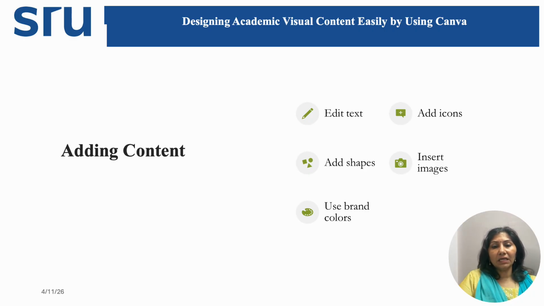A drag and drop feature is also available, which allows easy placement and alignment of the elements. It's important to maintain clarity, consistency, and readability while adding content, ensuring that the final design effectively communicates the intended message.